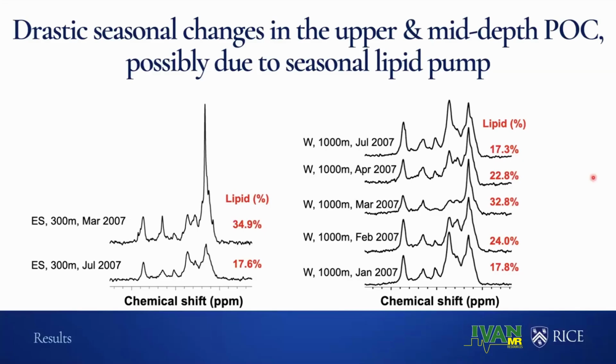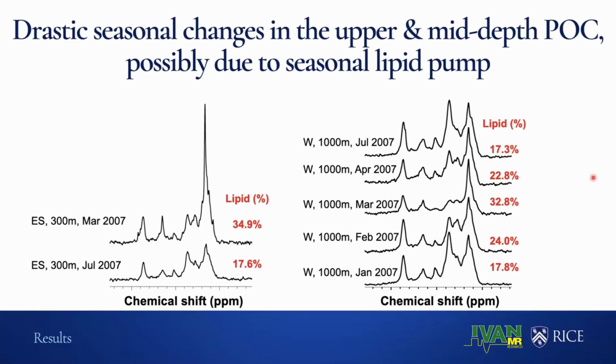And we speculate this event is caused by vertical migration of zooplankton, such as copepods. Copepods daily migrate between 200 meters and 1,000 meters, which is consistent with where we see the changes occur.